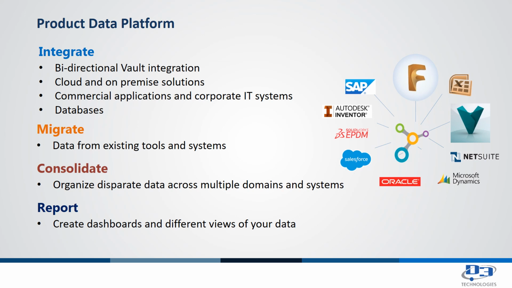We talked a little bit about the bidirectional Vault or product data management integration, but we can integrate to anything. We can integrate to other cloud solutions like CRM systems or on-premise solutions like ERP. We can integrate to commercial applications and other corporate IT systems, and even really any type of database at all.